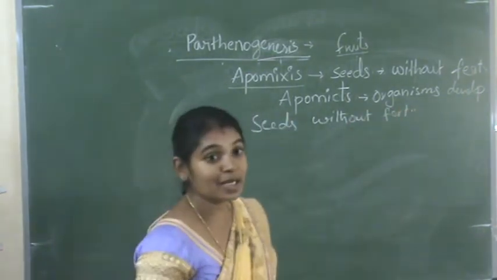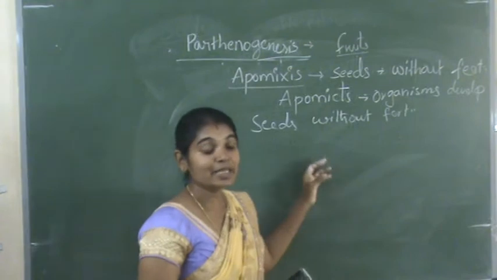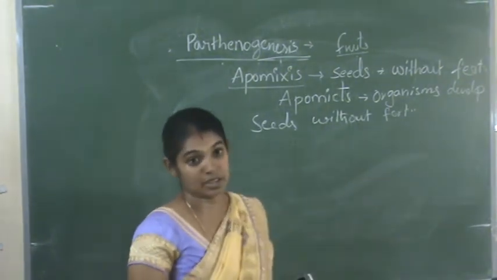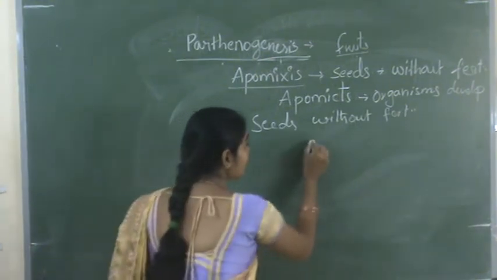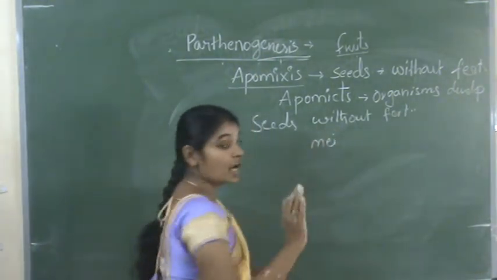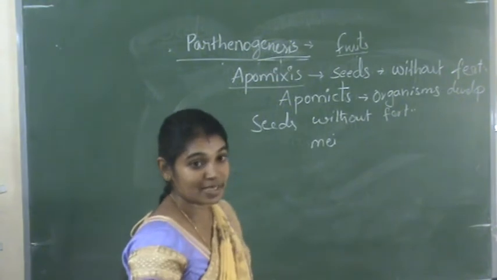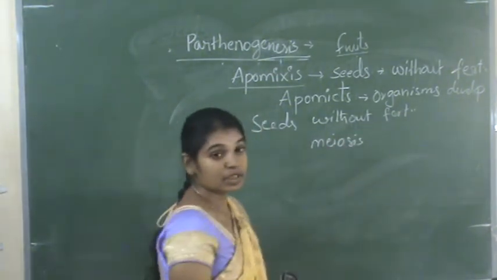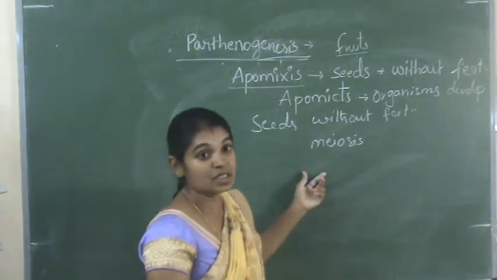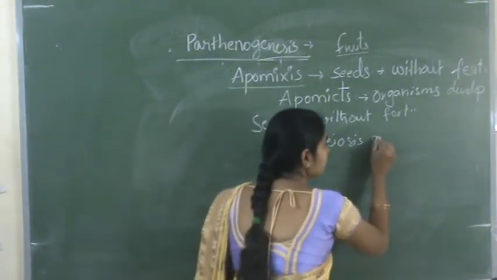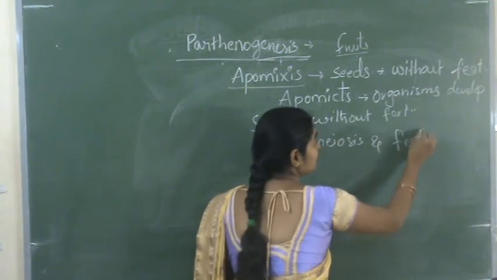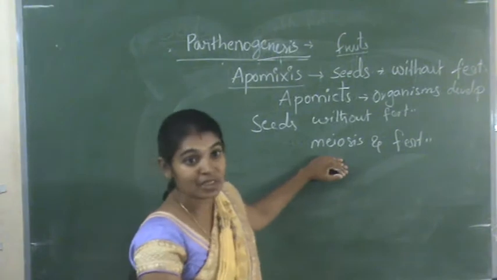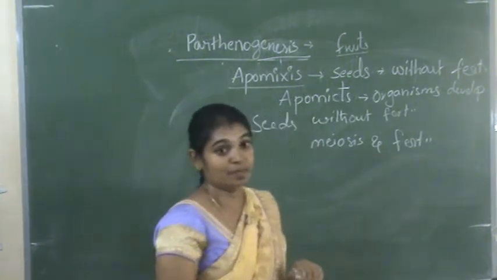In normal seed development, the process includes two steps. One is meiosis, in the normal way, due to sexual reproduction. One is meiotic division of the cells, and the other is fertilization. That means one is gamete formation, then fertilization.